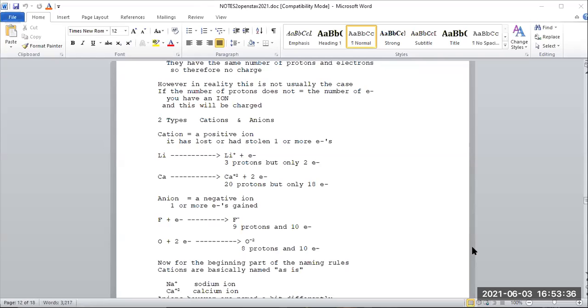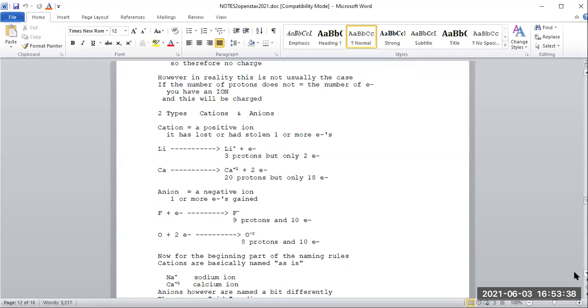All right. Let me go back to screen share here. We are going to talk about the things that do not have equal numbers of protons and electrons.